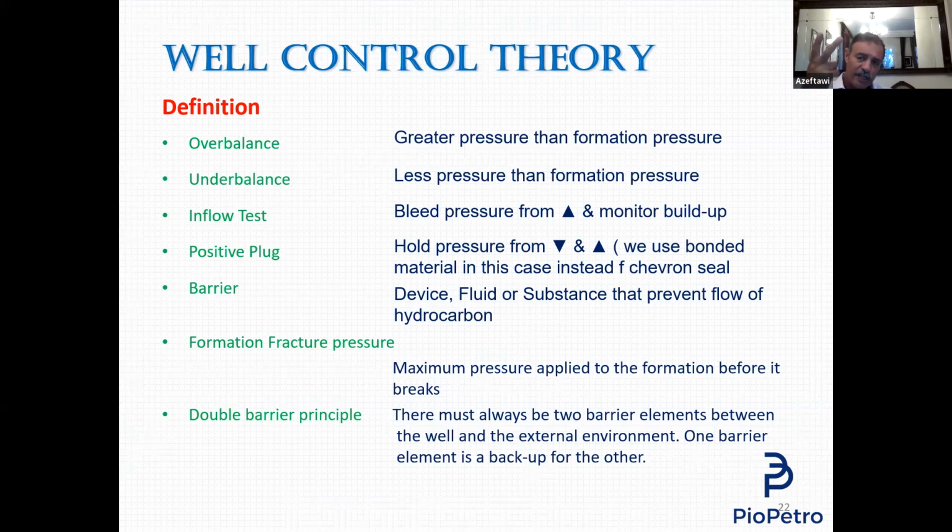There are normally three valves in the Christmas tree: swab valve, upper master valve, lower master valve. Each one of them, if you close it, will secure the well. But we cannot say that the Christmas tree is three barriers. No, it is one barrier because it is one body. One body means one barrier.